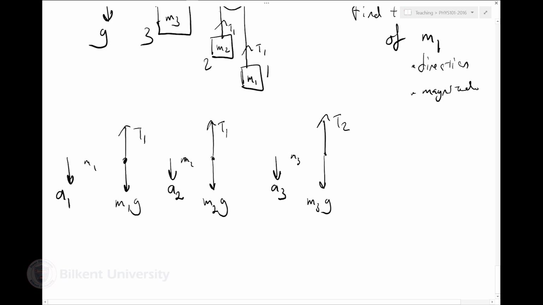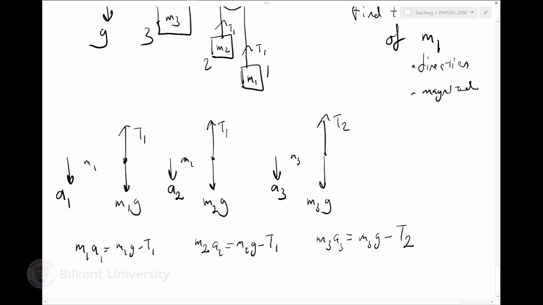All three cannot go down. But now I have M1 A1 is M1 g minus T1. M2 A2 is M2 g minus T1. M3 A3 is M3 g minus T2.